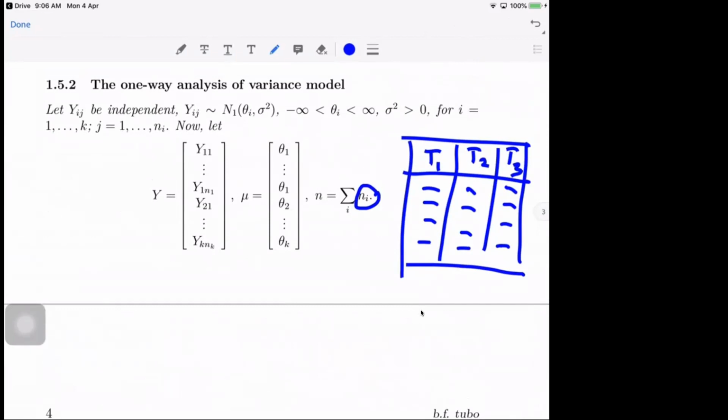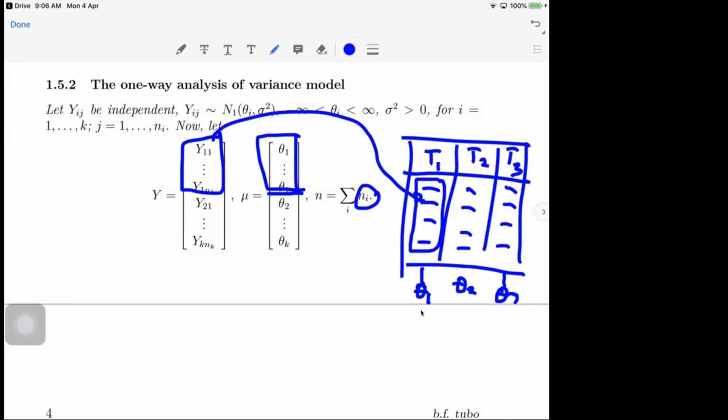And we are trying to compare if the theta here is different from the theta here and the theta here. So that's why your mean vector will be all theta 1s for each of the corresponding yi's there.